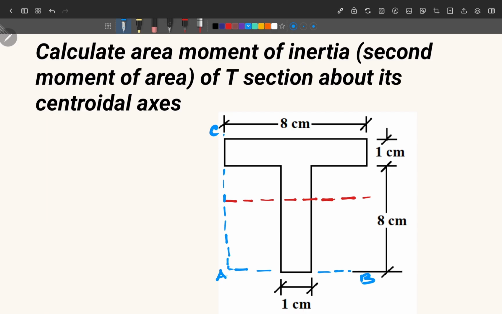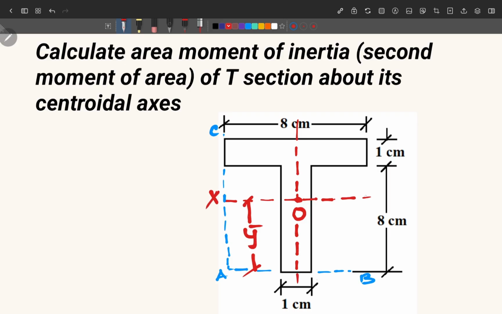Now the formula to locate this centroid, suppose this is y bar, the position of centroid, it is somewhere here, this is point O, and the y-axis somewhere like this.